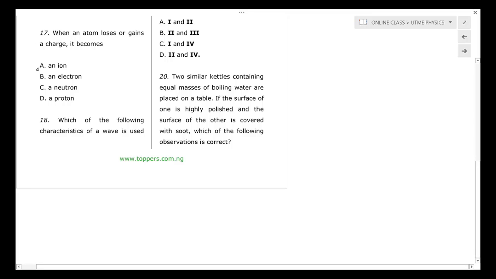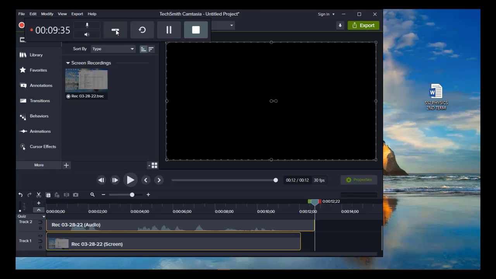Is that okay? So the answer in number 15 is that electric field is a vector. That's C in that place.